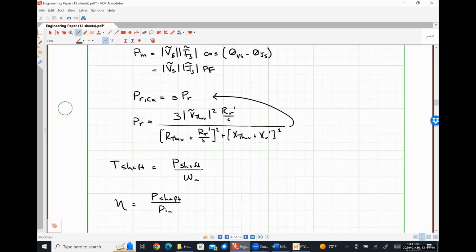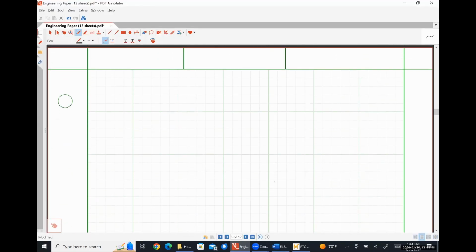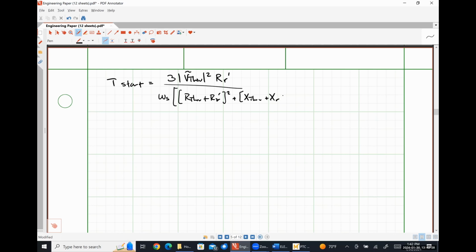So problem 2, our starting torque was given by 3 times V Thev squared divided by the rotor resistance prime over omega S times R Thev plus RR prime squared plus X Thev plus XR prime squared, close that bracket. Right?